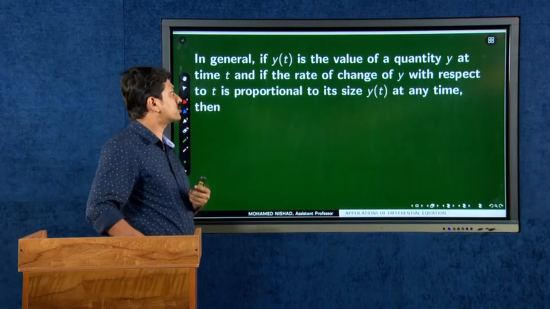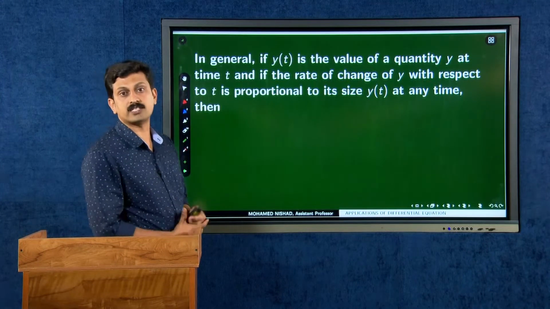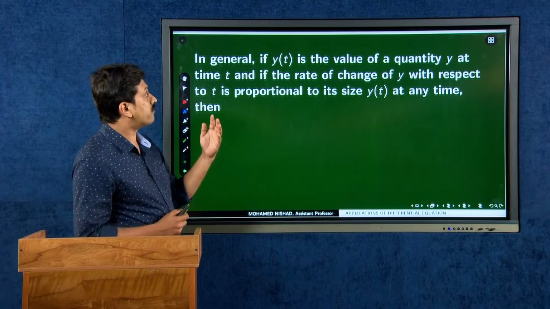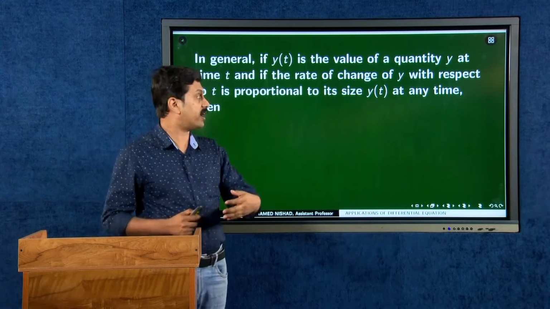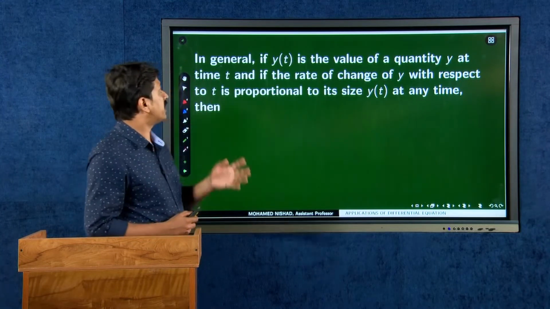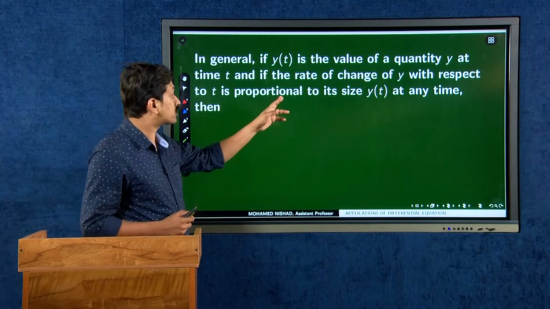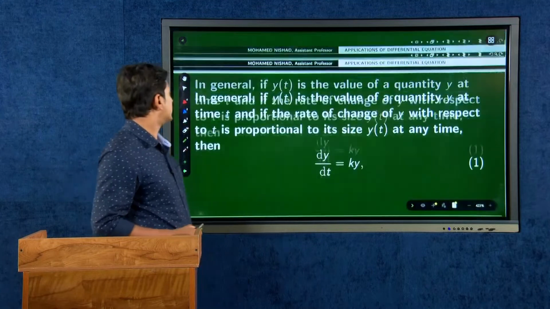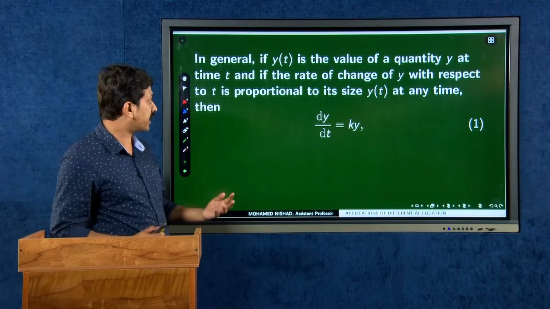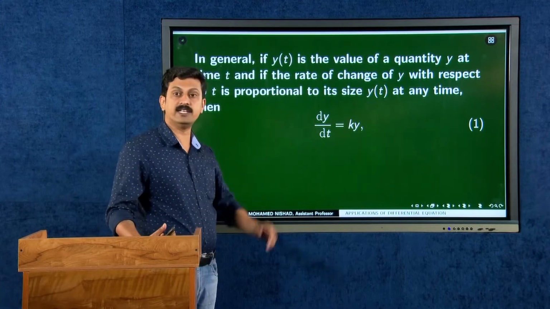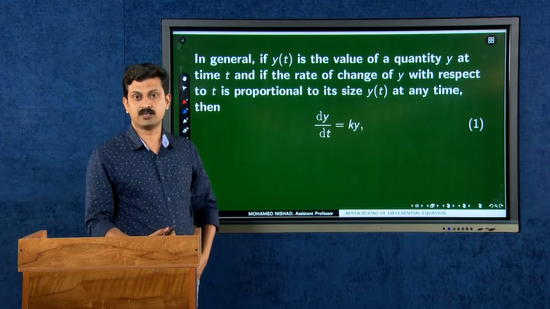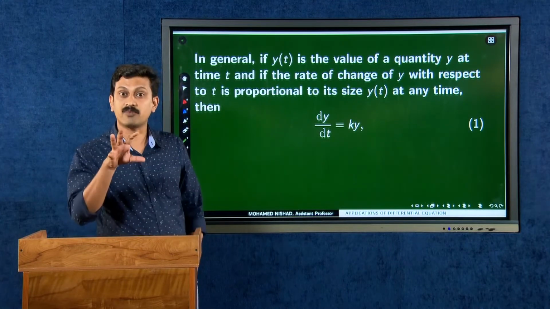In general, we can say that if y of t is the value of a quantity y at a time t, and if the rate of change of y with respect to t is proportional to the size y of t at any time t, then we can write dy by dt is equal to ky. This is equation number 1.